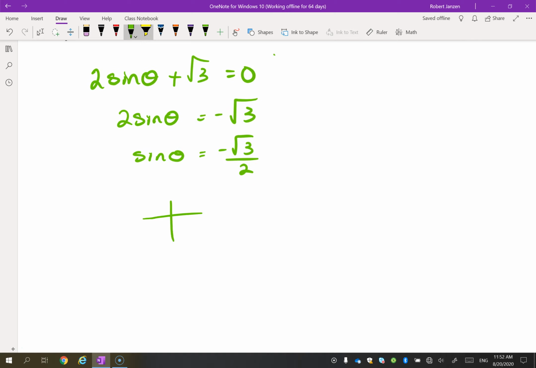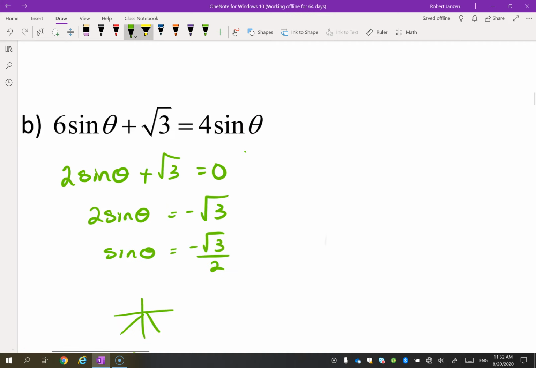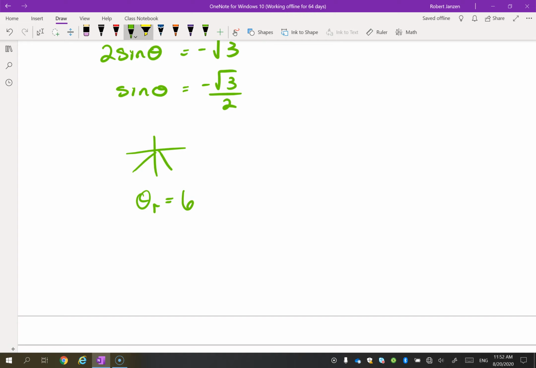So sine is negative here and here. The reference angle, I think we're still in degrees, so it's going to be 60 degrees. So theta is 240 and 300.